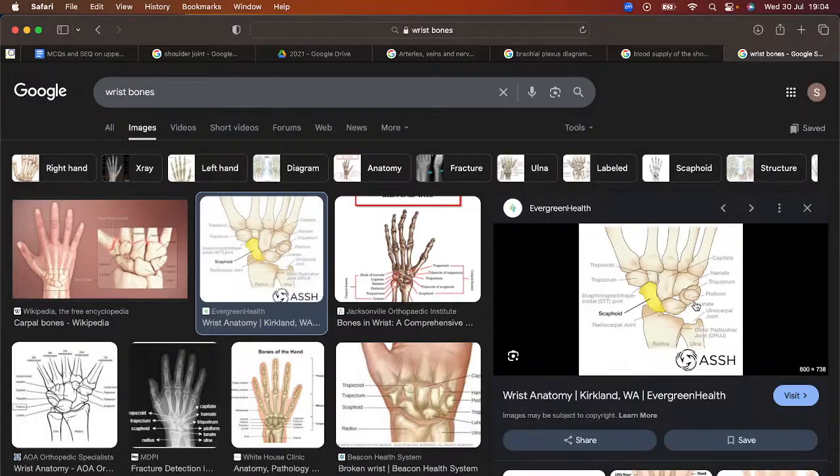Why? Because there is an accessory feature, which we call an intercalated disc. It's a small fibrous disc that sits between the two bones, between the carpal bones and the ulna. So you can draw that there and say that there is a small intercalated disc or a fibrous disc, and it's an accessory feature of the wrist joint.